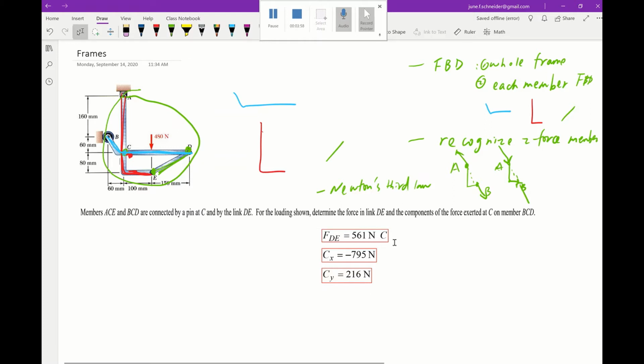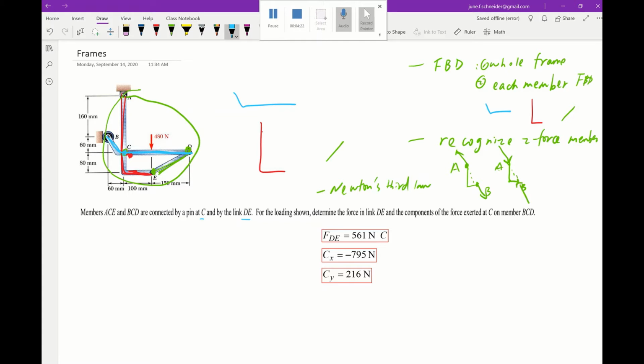Now here's the problem. Let's look at how we solve this. Members ACE and BCD are connected by a pin at C and by the link DE. For the loading shown, determine the force in link DE and the components of the force exerted at C on member BCD.